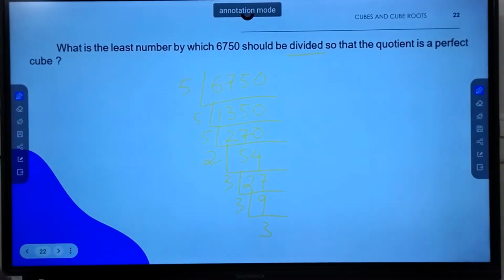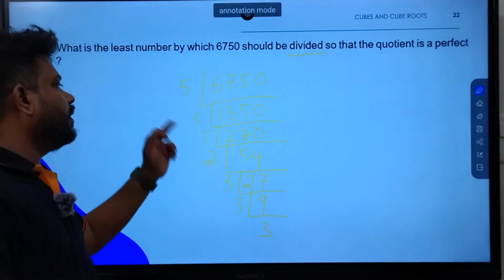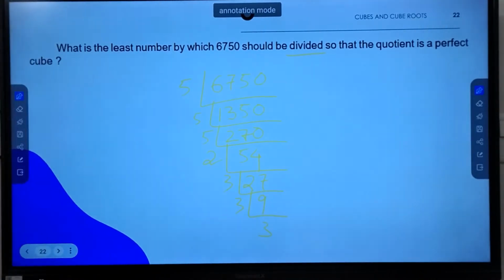Okay, so clearly it is visible which number we should divide by to make it a perfect cube.